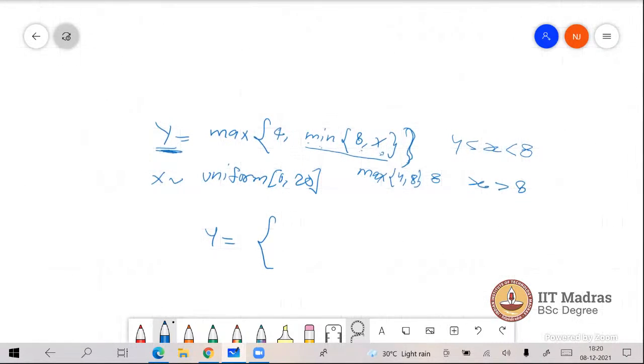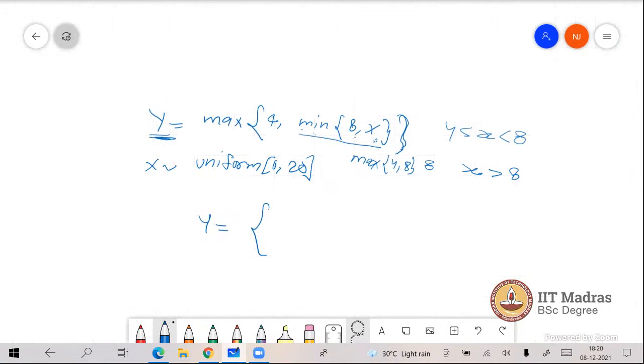Sir, for x greater than 8, I understood. Now I'm saying that whenever x is greater than 8, Y is going to be the maximum of 4 comma 8, right? And whenever x is less than 8, the minimum of 8 comma x is x, right?